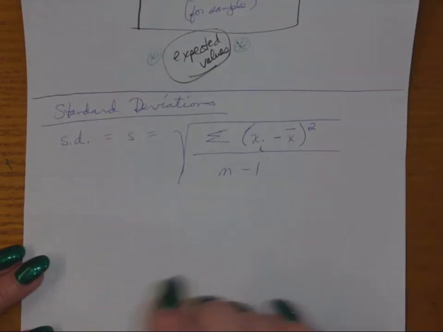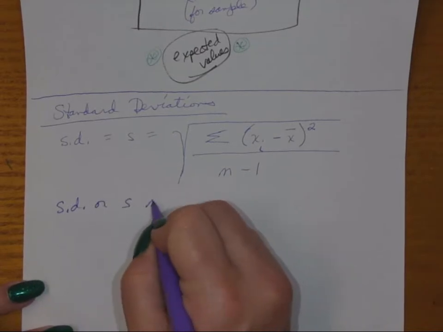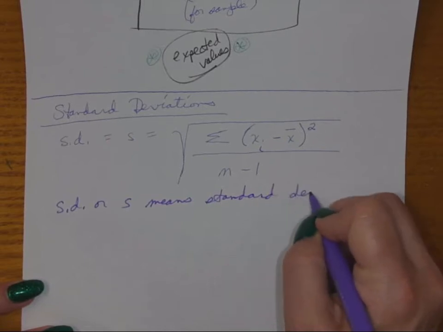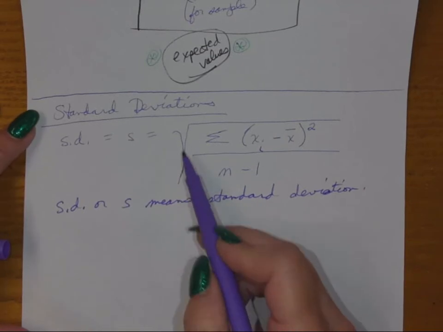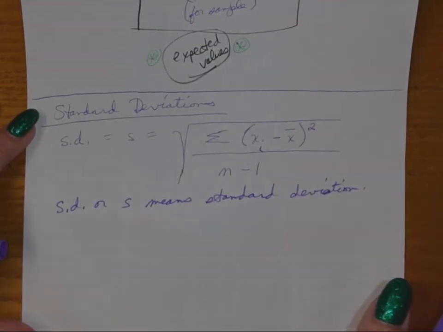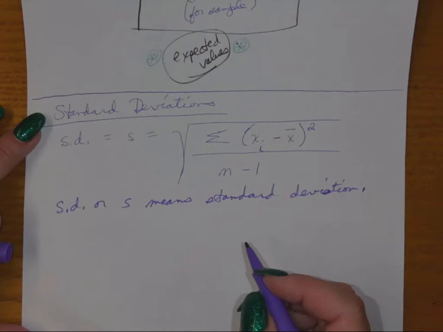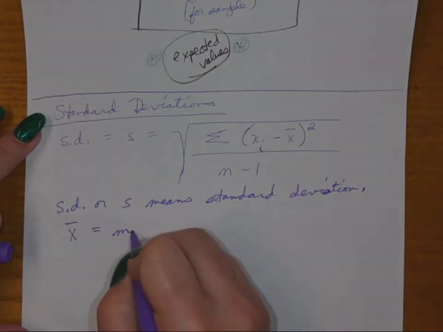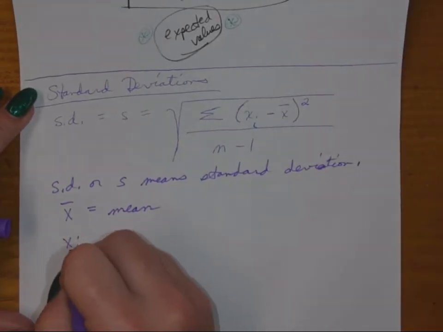So we're going to have to get some little definitions real quick. SD or S means standard deviation. Good deal. I'm going to assume that everybody watching this video can do square roots and can do squares. So I'm not going to worry about that notation. If you have a problem with that operation or those operations, then go get a refresher real quick. The x bar, we just said, was mean. And the x sub i is actually pretty easy.